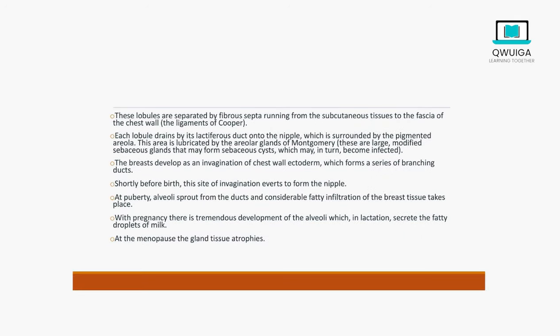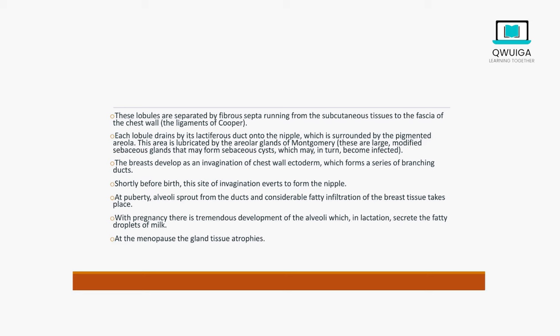The lobules are separated by fibrous septa, also known as the ligaments of Cooper, which run from the subcutaneous tissues, that is the skin, to the fascia of the chest wall, the fascia that separates the breast from the pectoralis major.